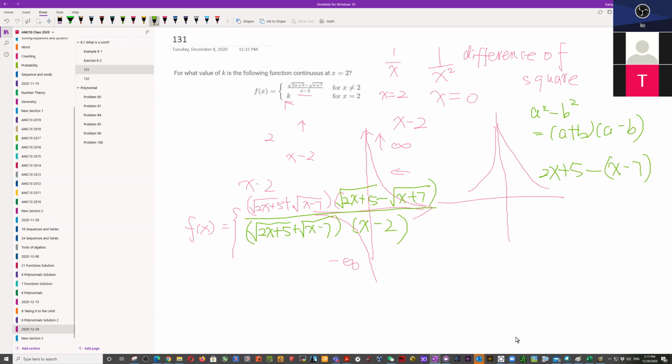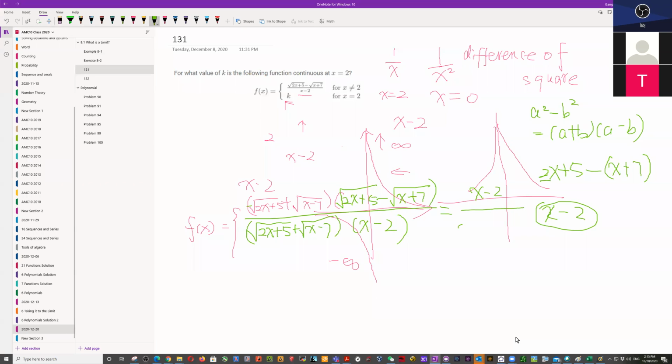So this is the expression you have. When you subtract it, you get x, and 5 minus 7 is minus 2. So we revealed a hidden x minus 2 on the top. The whole thing becomes x minus 2 on the top.